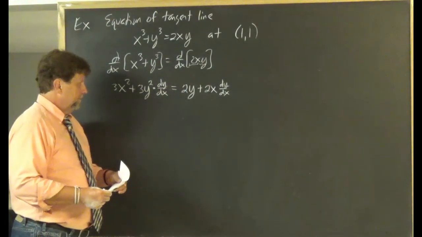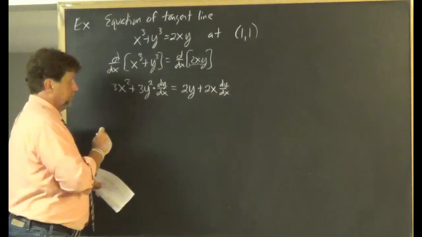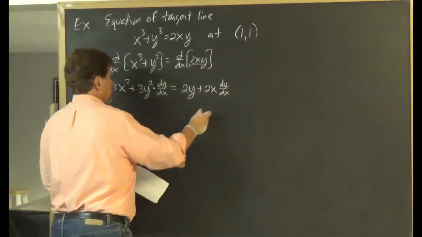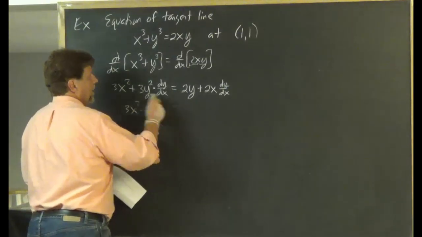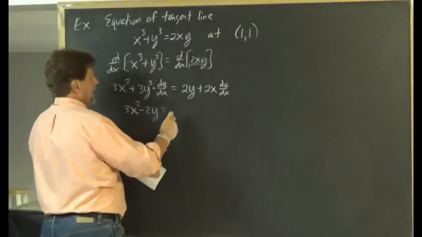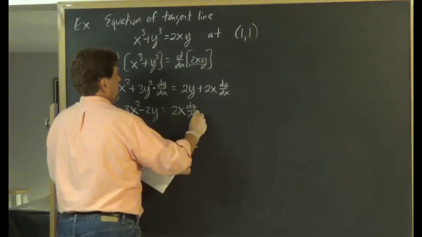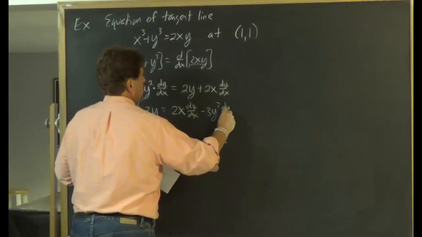So, I'm going to subtract 2y from both sides of the equation. And I'm going to subtract the 3y squared dy/dx from both sides, that way I get all my dy/dx's on one side. That gives me 2x dy/dx minus 3y squared dy/dx.